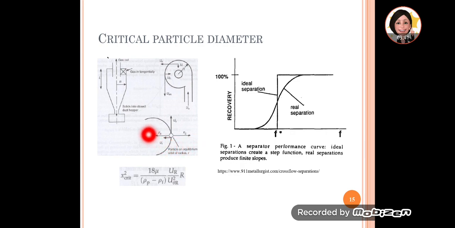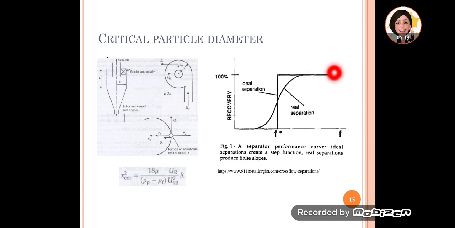When we make an equilibrium of these forces, we get this equation. So this is the critical particle diameter. In theory, this critical particle diameter should give us 100% separation. That means any particle size from the critical diameter and above should have 100% recovery.